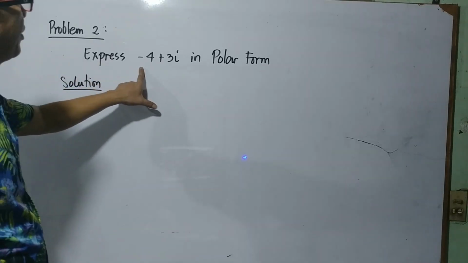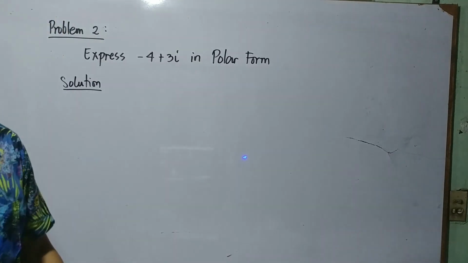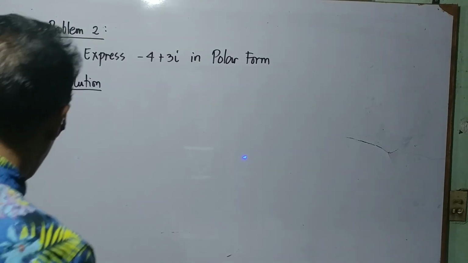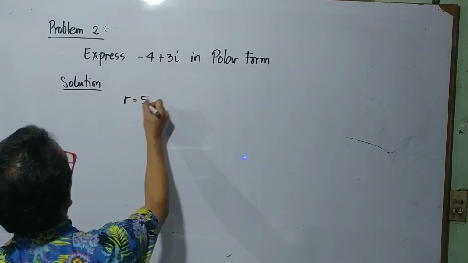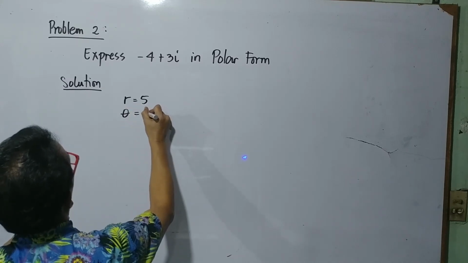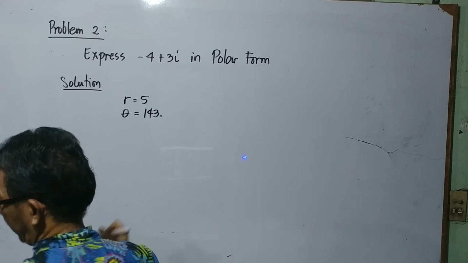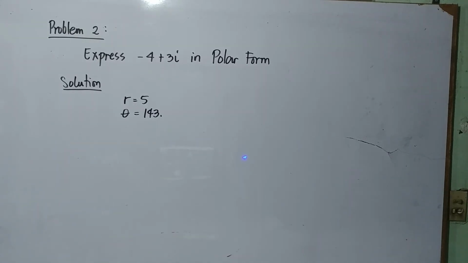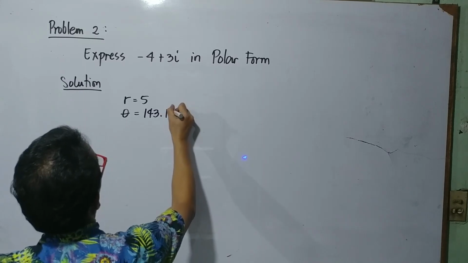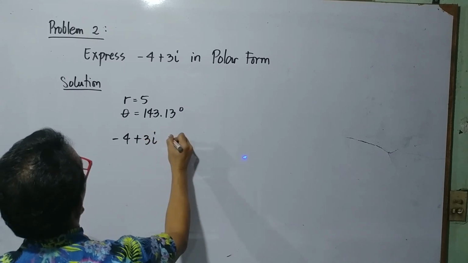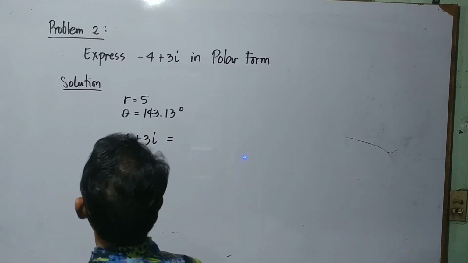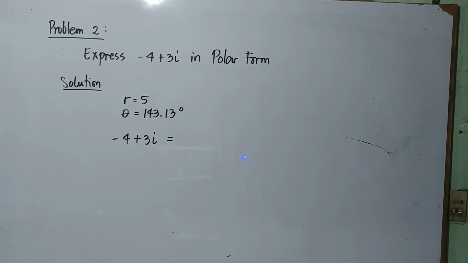Problem 2, express negative 4 plus 3i in polar form. So we have our R. R equals 5. Our theta equals 143.13. So negative 4 plus 3i equals, what is our formula for the polar?